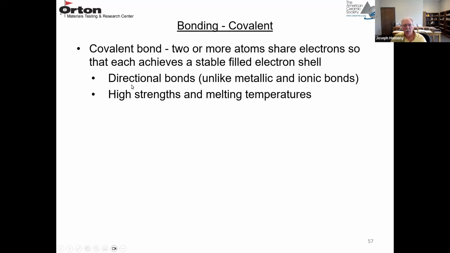It's not a directional bond, but when you're sharing electrons in a covalent bond, the bond becomes directional. So it's not like metallic bonding and ionic bonding, where you're packing the atoms in a close packed array. Directional bonds, covalent bonds, are also high strength and high melting temperatures. These are materials like silicon carbide and silicon nitride.